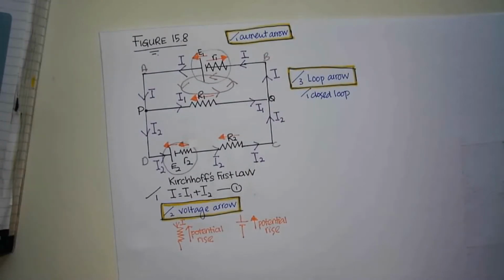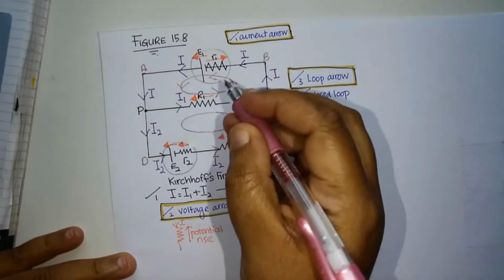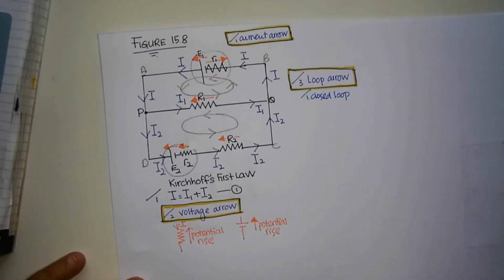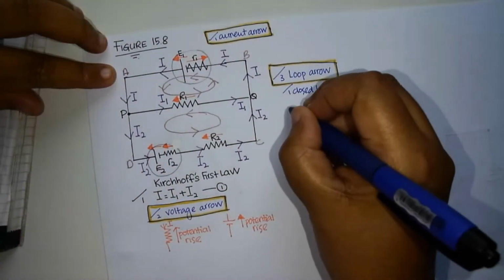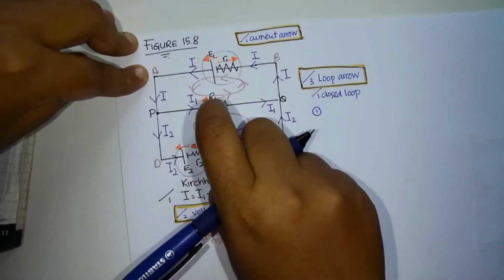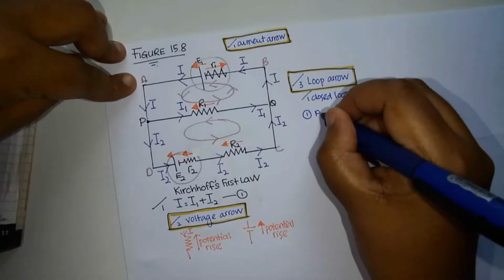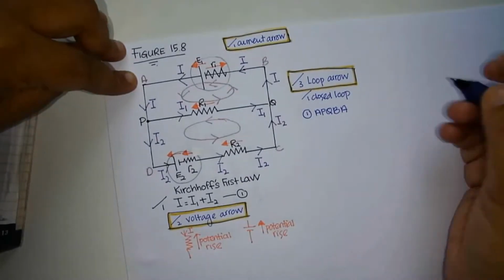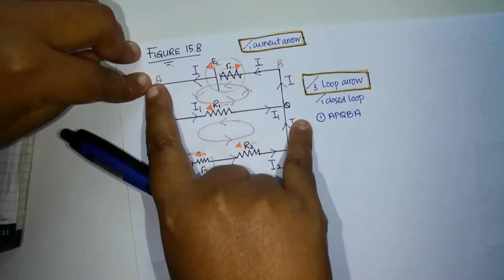I'm going to use the first loop, which is anti-clockwise, a closed loop: A, P, Q, B, A.